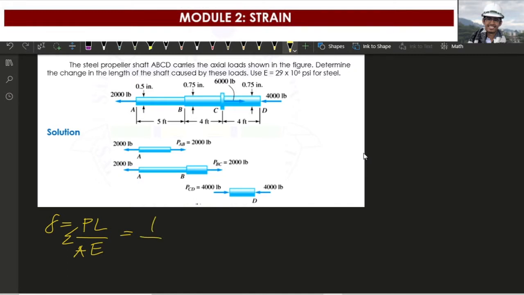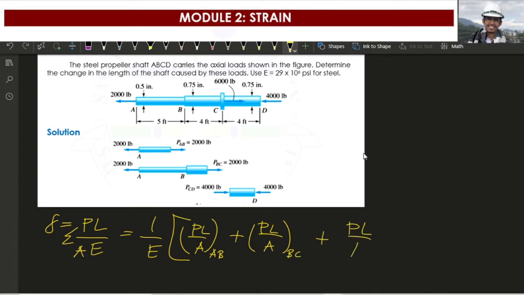So that will be equal to 1 over E times the effect of the 2,000-pound force, PL over A caused by segment AB, plus force times length over A caused by BC, plus force times L over A caused by force CD.